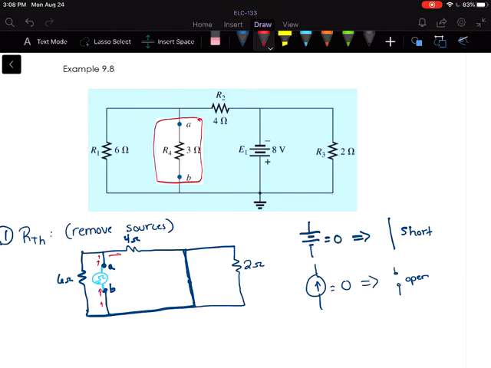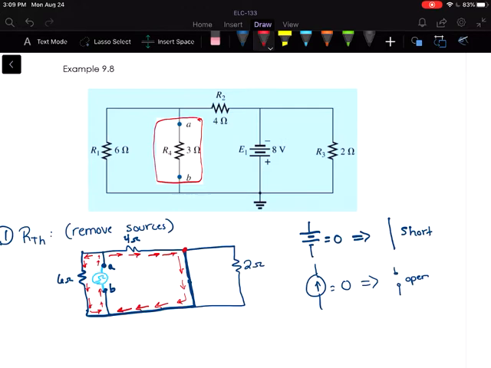So some of the current will go this way and some this way. And of course this current will just meet back up. Over here, notice when the current gets here, none of it's going to continue on through the 2 ohm resistor, because since we shorted the voltage source, that actually shorted the 2 ohm resistor. And so this is basically what we have.